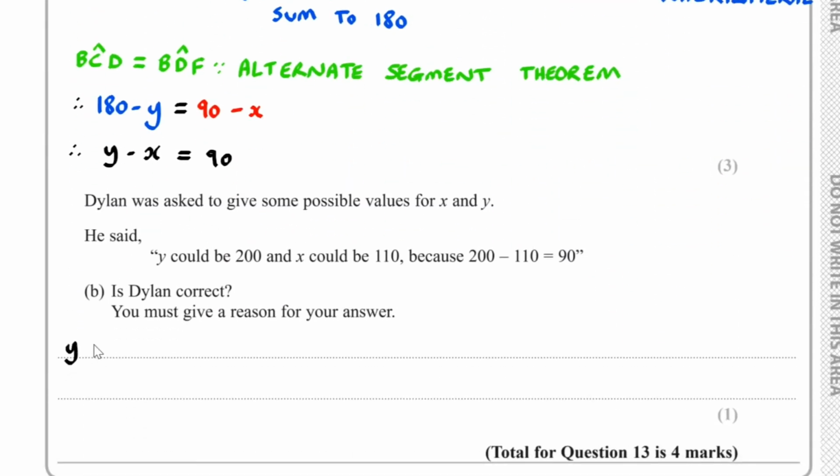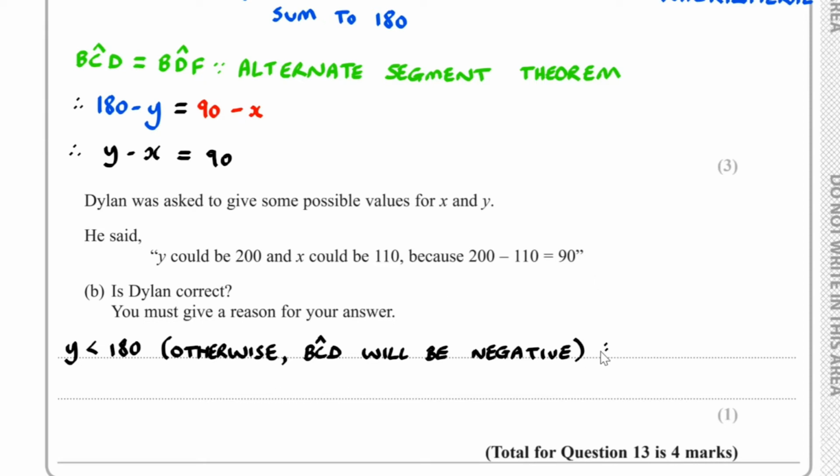So y must be less than 180, and that's because otherwise the angle BCD will be negative. And so therefore, y cannot equal 200, and therefore Dylan is incorrect.